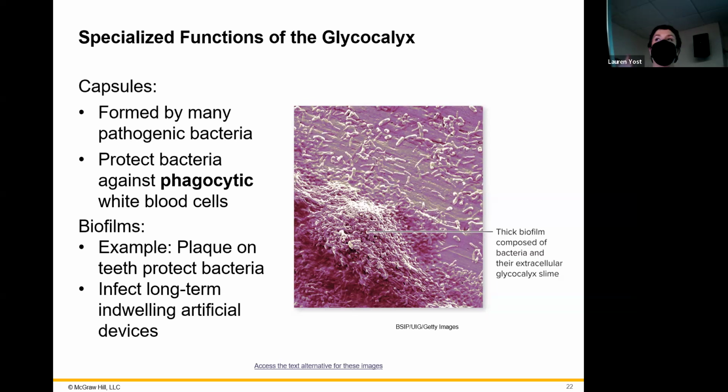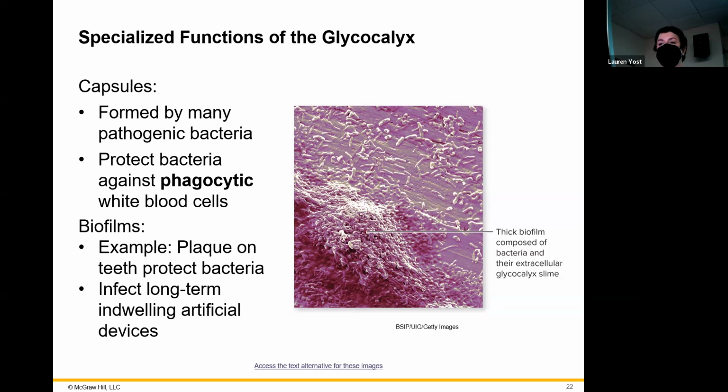And it's hard for our white blood cells, our phagocytes, to grab onto them because of that sticky coating. Now we have ways to help us get around that. We'll talk about that in those later chapters. But it's not 100% effective. And this is actually a pretty good way of pathogens avoiding being eaten up by our immune system. And like I already told you guys, most pathogens make these.